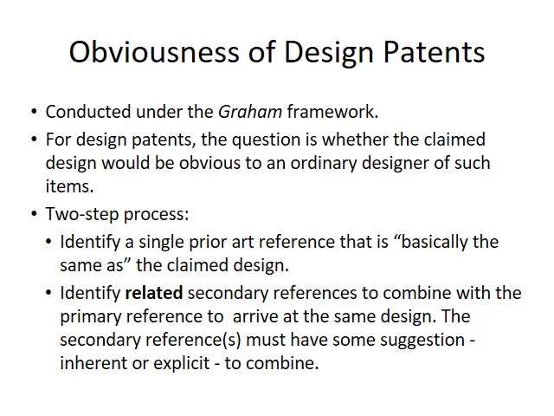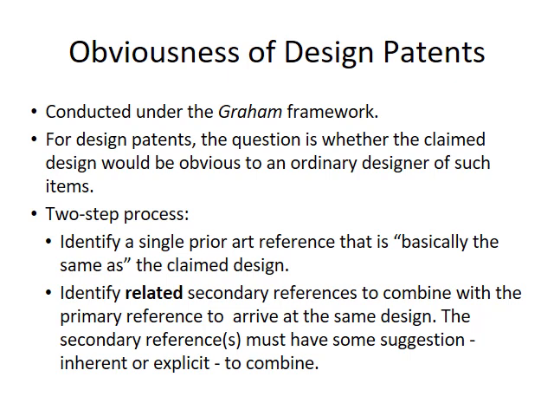And you could think of that in different ways. Really what that's saying is identify the closest prior art, and then identify related secondary references to combine with the primary reference to arrive at the same design. So the principles of KSR, if not some of the particulars, apply equally here.